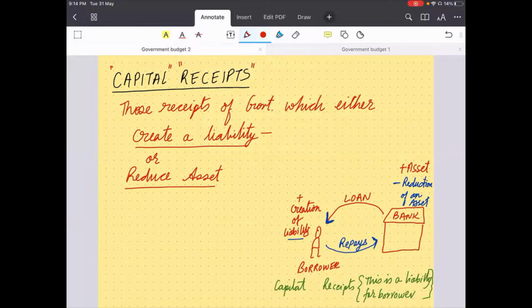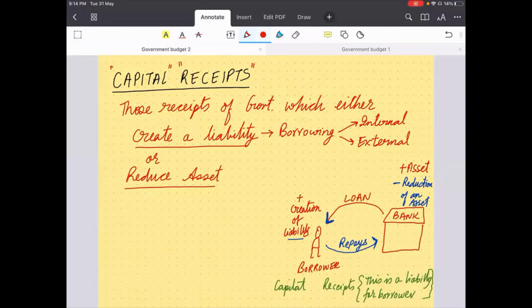Whenever a government is engaging in borrowing, it is creating a liability for itself, a payment to be made in future. This borrowing can be internal, from its own public, or external, from agencies like IMF, World Bank, and so on.